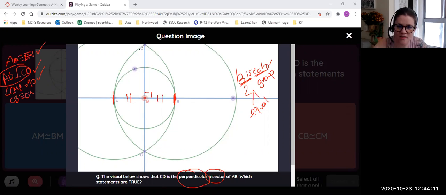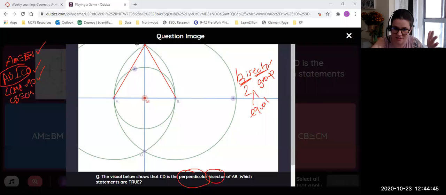No. And this is the one I was thinking about. They're asking is CM, we're going to pretend that's on the line, equal to CB? No. One thing that is equal to CB is CA, right?